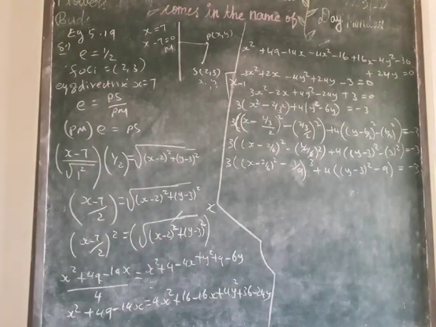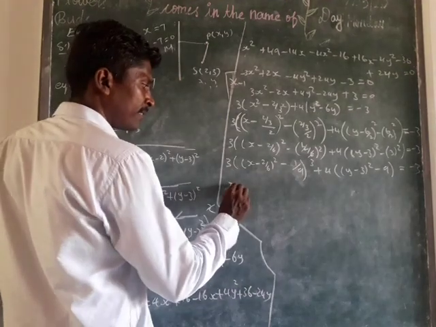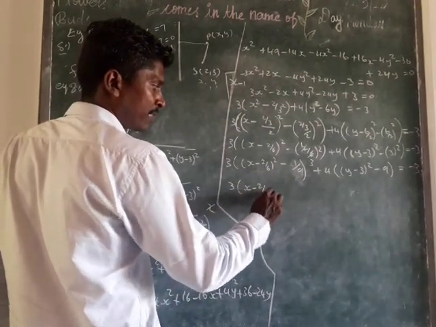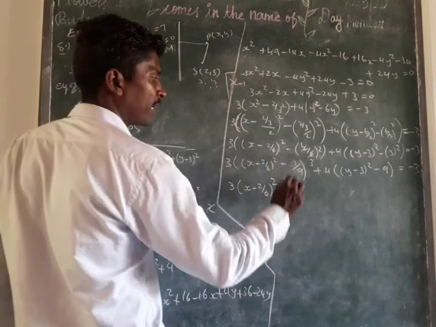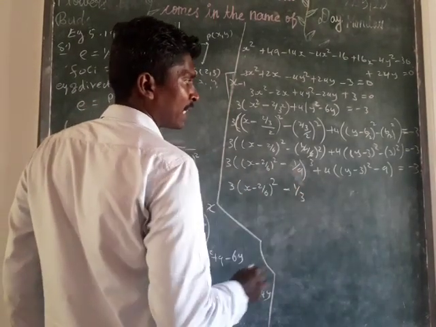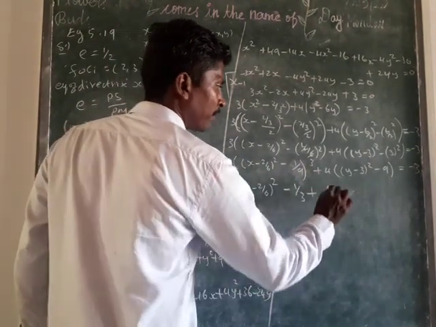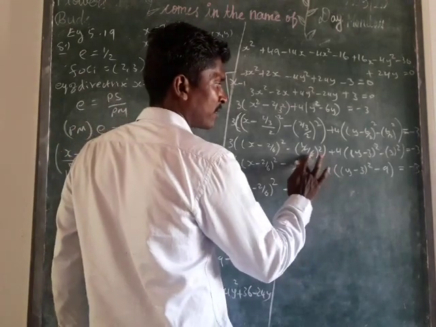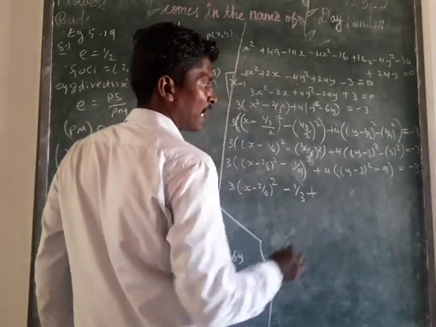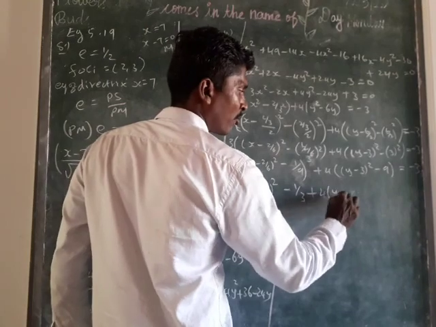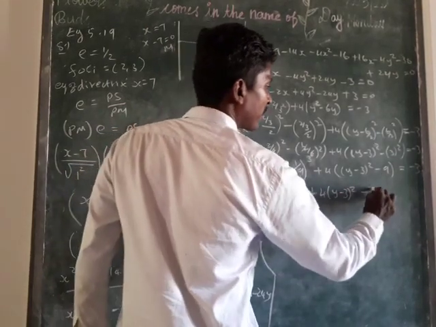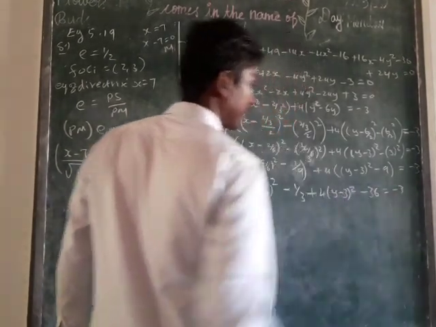Now we multiply 3 inside. 3 into x minus 2 by 6 the whole square. When you multiply here, it becomes minus 1 by 3. Then plus, the 3 is here, so we eliminate the 3, it becomes 1 by 3. Now multiply 4 into y minus 3 the whole square, minus 36 equal to minus 3.